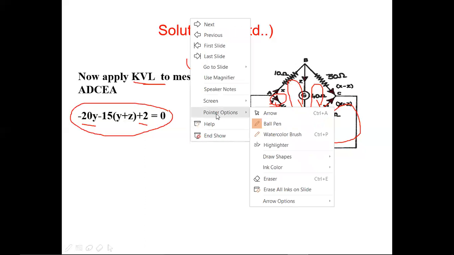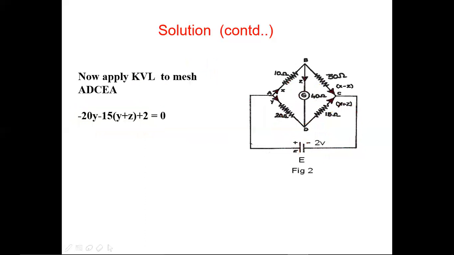Let me be clear about this point. As soon as I follow this, first you need to know the signs. Here there are these loops 1, 2, and 3.